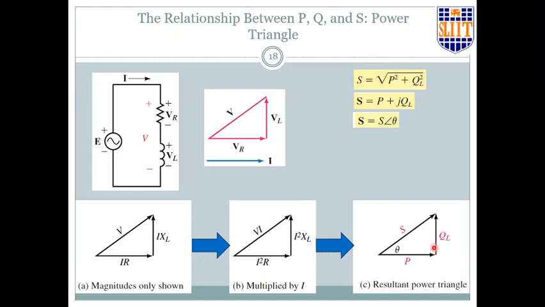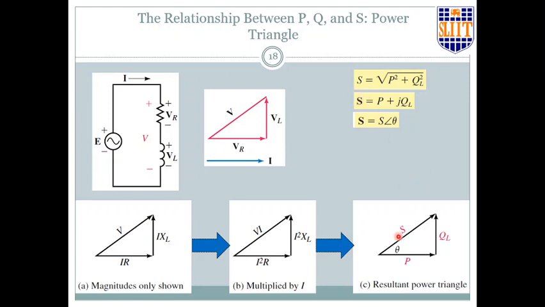Now from this you can derive all these relationships. S is equal to the square root of P squared plus Q squared. We can still use the complex number domain to represent this.